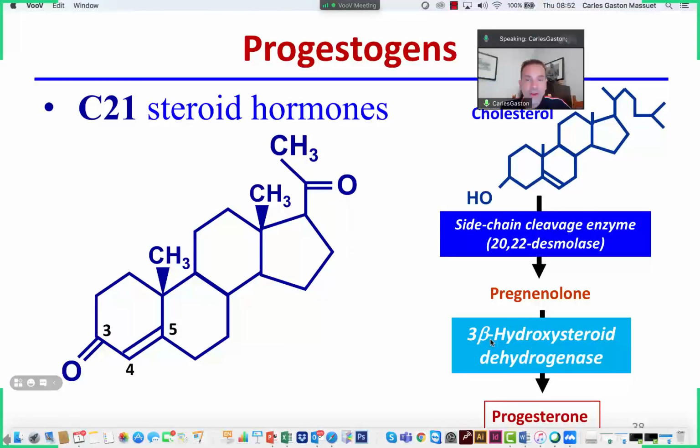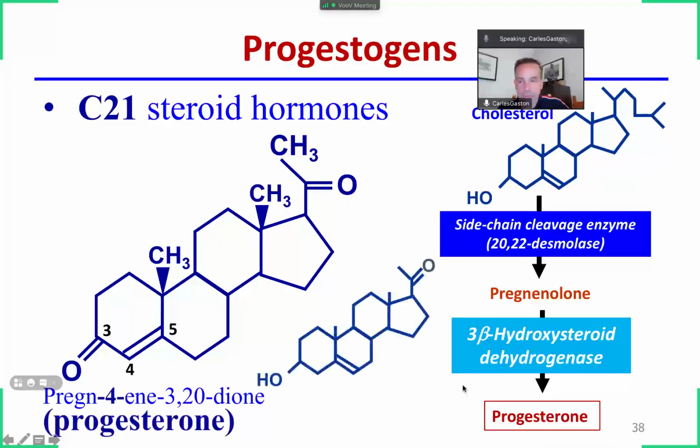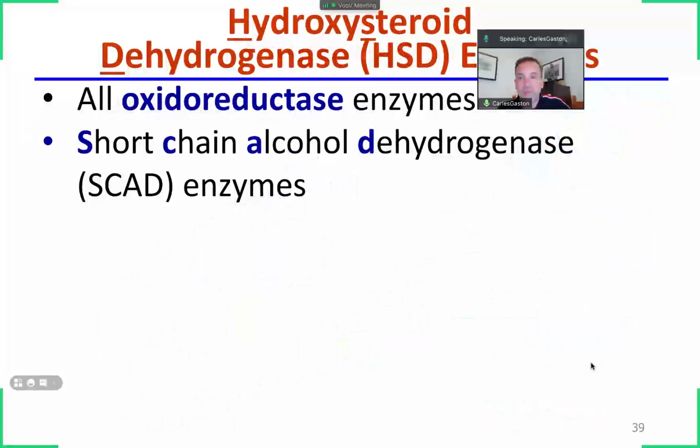Pregnenolone will be further metabolized by 3-beta hydroxysteroid dehydrogenase, and it will produce the progesterone. So here we have the molecule of the progesterone after the modifications. Again, you don't need to know how the molecule looks, right? Just understand that there is a side chain cleavage and then a hydroxylase function.